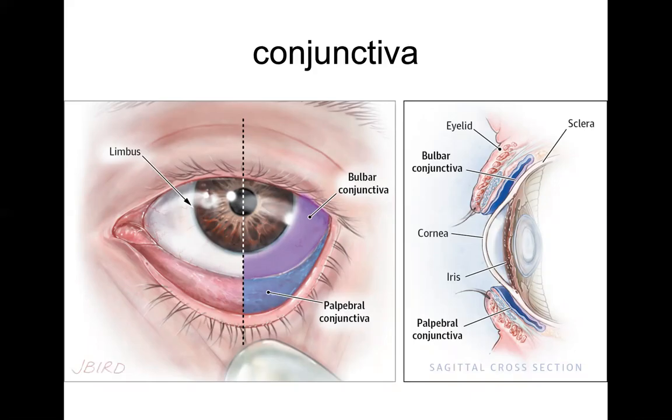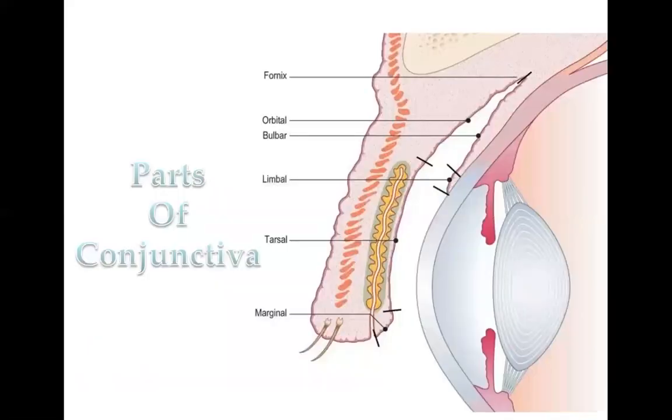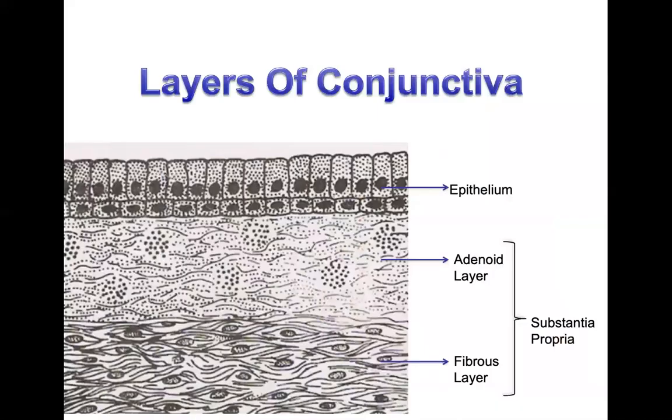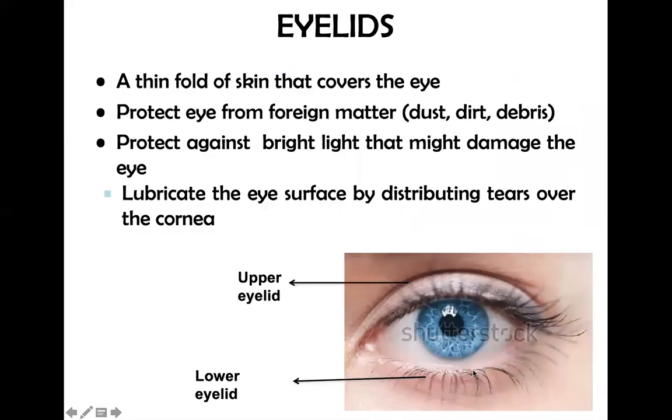So we look at it as either pale or pinkish. Okay, so you have your bulbar and your palpebral as the more common. Then your conjunctiva may also have these layers, your epithelium and your substantia propria or the stroma that's made up of your adenoid layer and your fibrous layer.